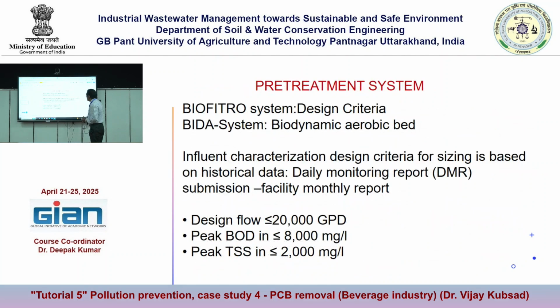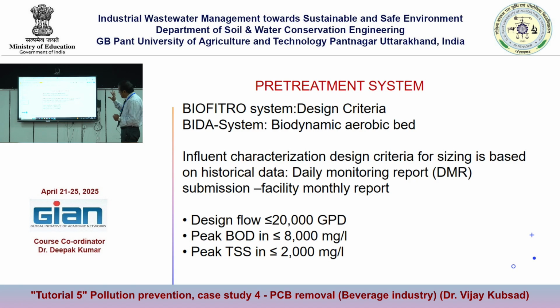Let's go back to our thought. We have created, that is the issue. See, we are using again the biofilter system: design criteria, biodynamic air bed, influent characterization, design criteria for sizing based on historical data. Historical data are important, that is why you design the system. If that data are uncertain, then that will create a lot of issues.